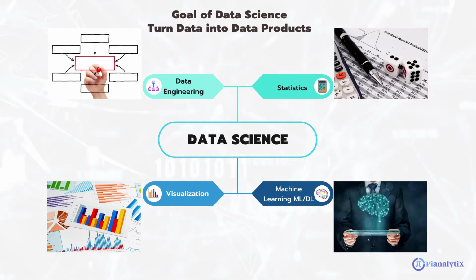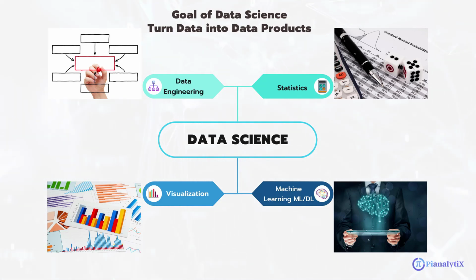Now, for the machine learning algorithm, we pick some algorithm, pass our data to it, and train the model. So that's the goal of a machine learning or data science project.